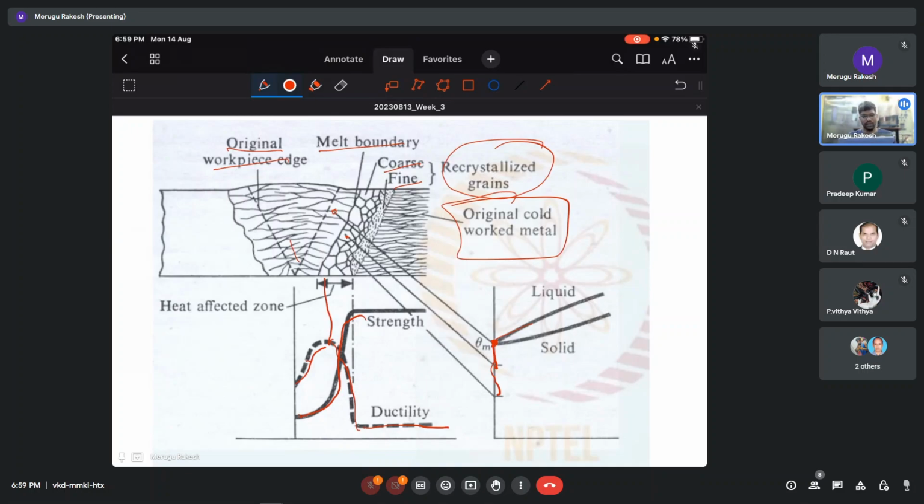Now, if you see this cross section, it is not a homogeneous material at all. So if damage happens, it can happen here or here, because they have different ductilities and different strengths. At the interface, there is always a chance for a crack to propagate easily.